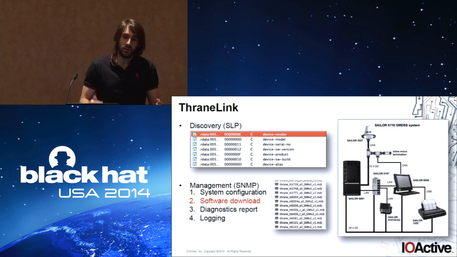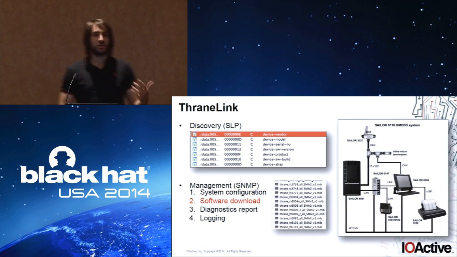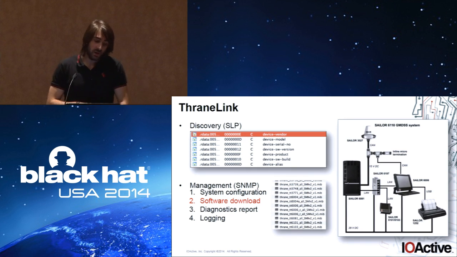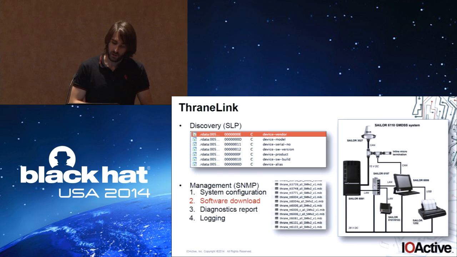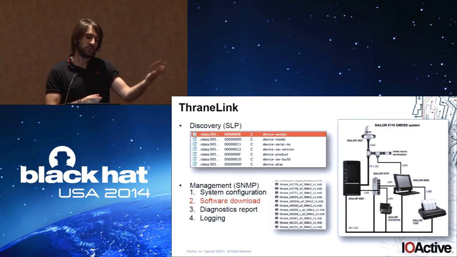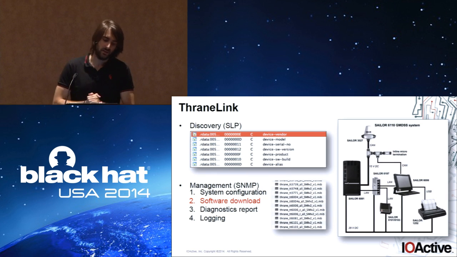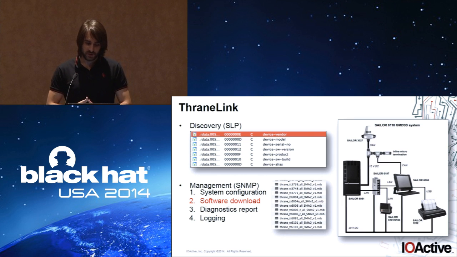The discovery stage, which is based on SLP, Service Locator Protocol, and the management, which is SNMP. So if you want to look for TrainLink devices, you have to send the SLP request to the network and see what kind of services respond with those attributes.